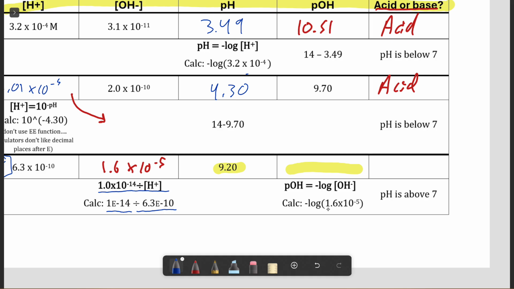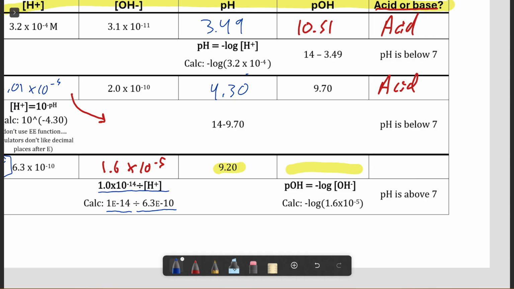So I'm trying to look at what the negative log is. Now you might be tempted to look up here. This is a negative 5, so the negative log must be 5, so maybe you're going to write down 5. Well, hold on there. That would be true if it were 1.0 times 10 to the negative 5, but it's not. It's 1.6 times 10 to the negative 5. So we still have to enter this into your calculator.